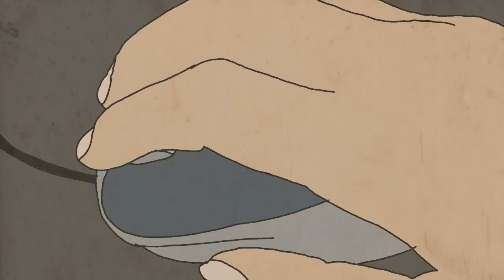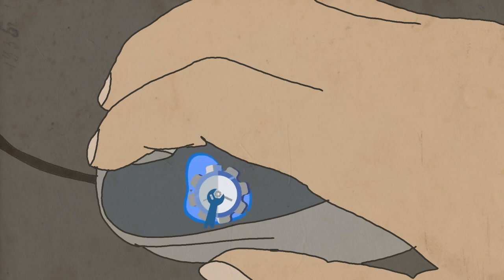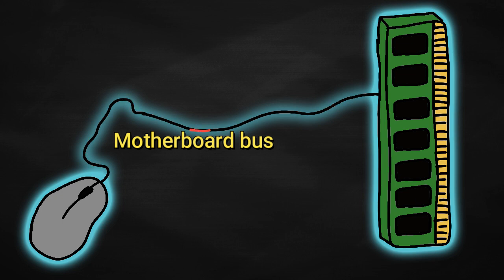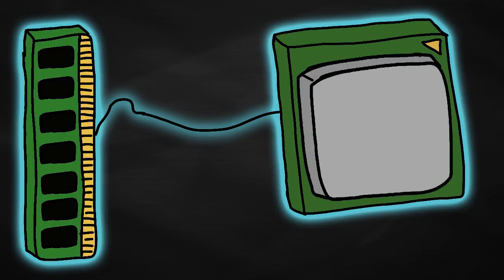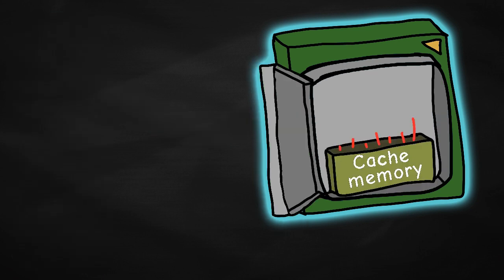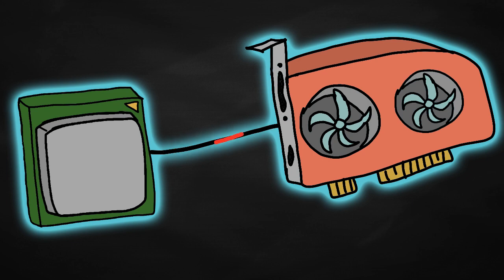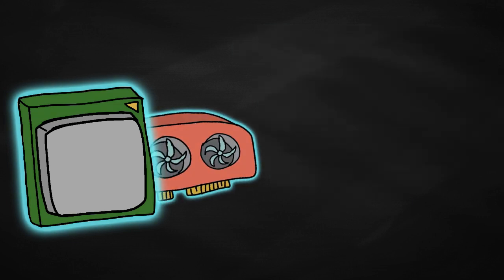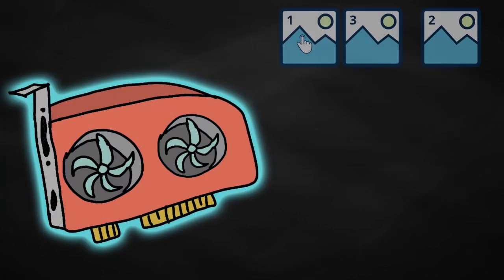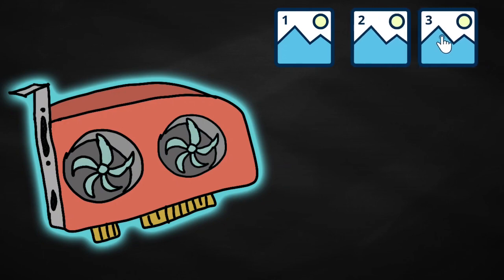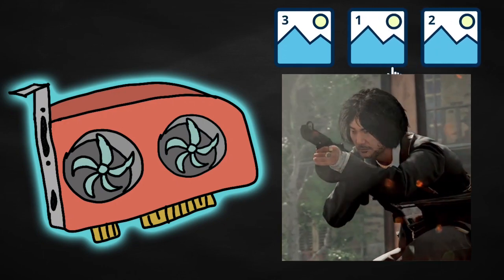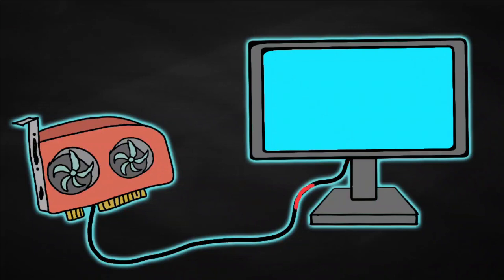First, the mouse, keyboard or gamepad processes your input and sends the output to the RAM or CPU with the help of the motherboard bus. Then, the CPU takes the input from the RAM or its cache memory, executes it and sends it to the graphics card or its own GPU to render the particular frames. Then, the GPU or graphics card keeps placing the picture frames in the render queue according to the game's algorithms and our inputs, and outputs each frame to the monitor or TV.